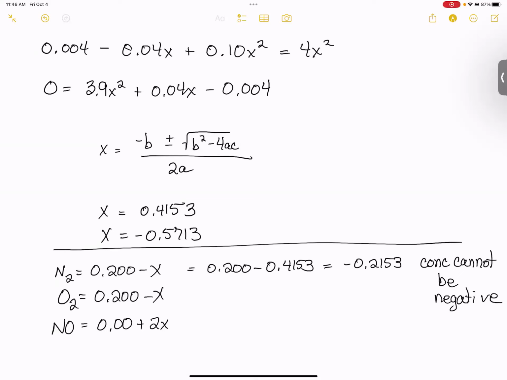So that means that this first one is going to be invalid. The closest you can get to a negative concentration is 0, folks, because you either have some concentration or you don't have any concentration.